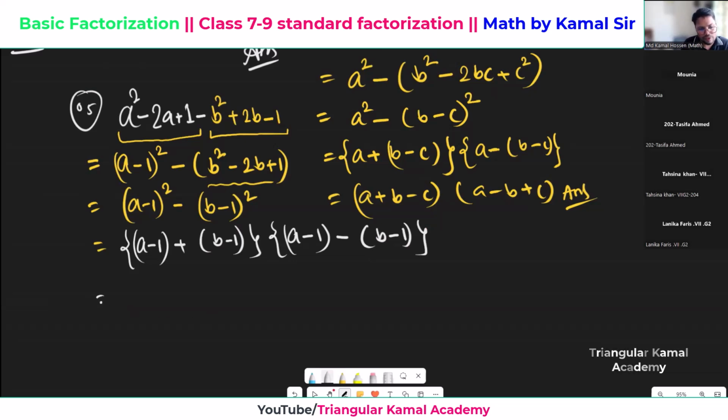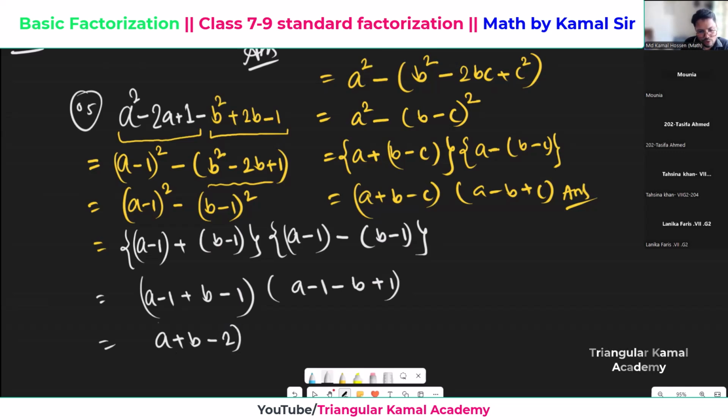So now if we do simplification here: a minus 1 plus b minus 1, and here a minus 1 minus b, minus minus plus 1. Again, we can simplify: a plus b minus 1 and minus 1, there is minus 2, and this is a minus b, and we can eliminate plus 1 and minus 1.